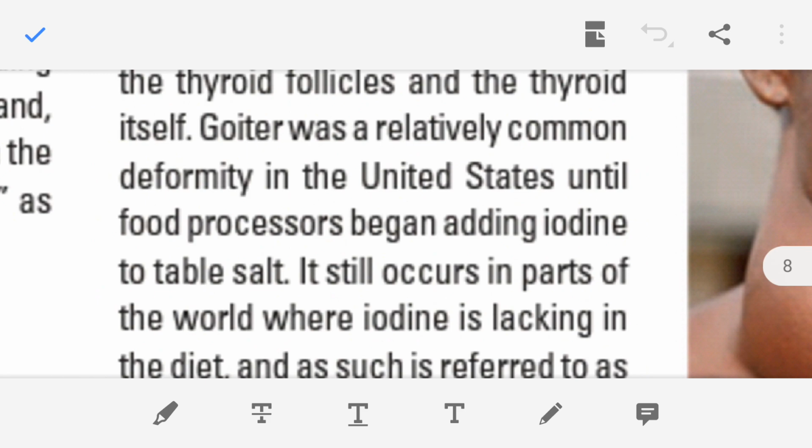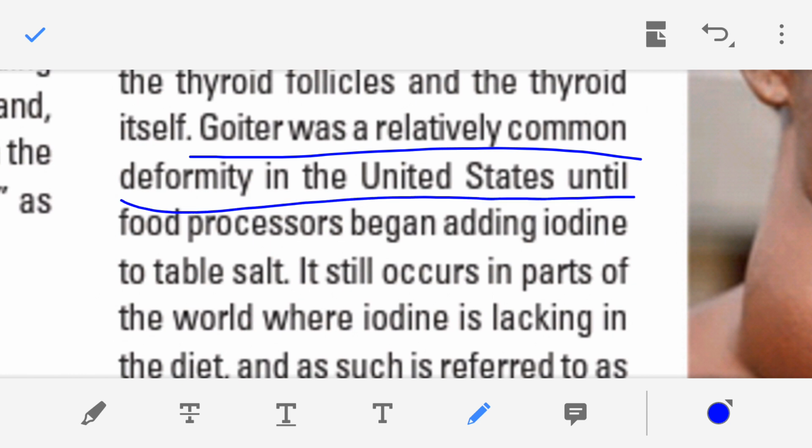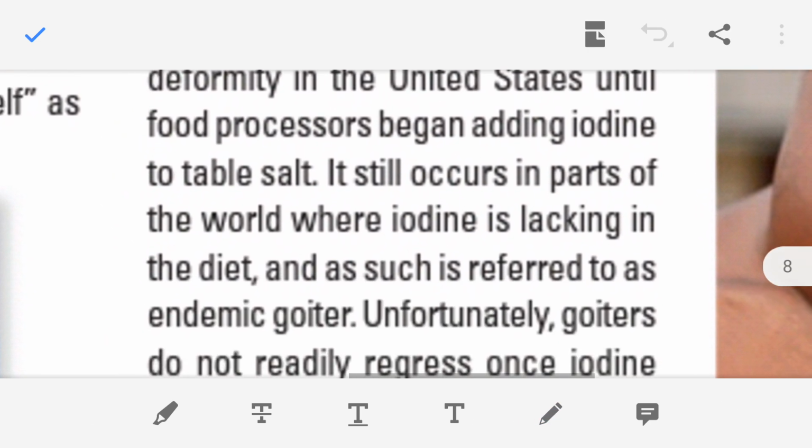As I told you earlier, goiter was a relatively common disorder in the United States until the food processing industry began adding iodine. Before the food processing industries were adding iodine to the table salt, many people in the United States suffered from goiter.